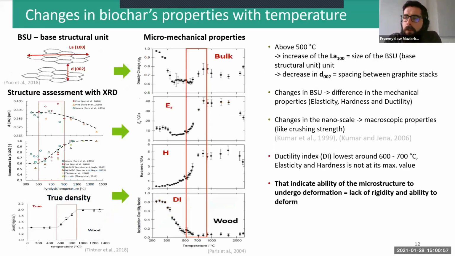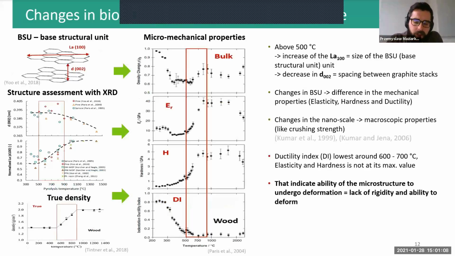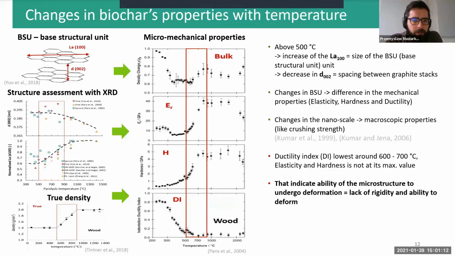In general, we then focused on the properties of the biochar itself, because it seems we know that nitrogen induces some kind of stress, and carbon dioxide doesn't. But the question is why at 700 it is the most visible.